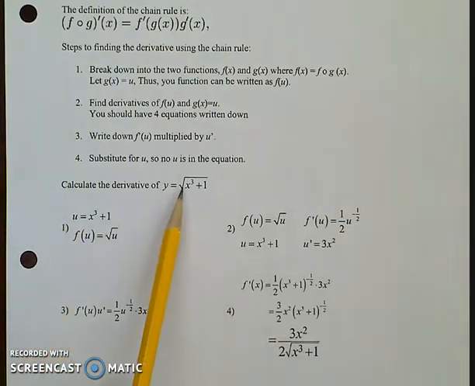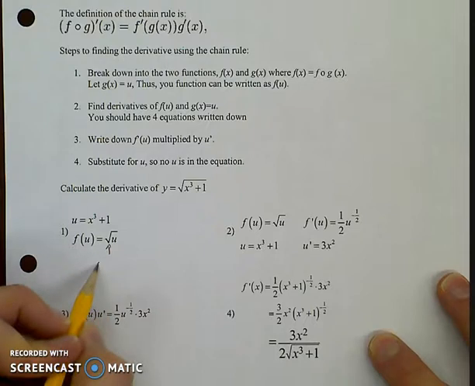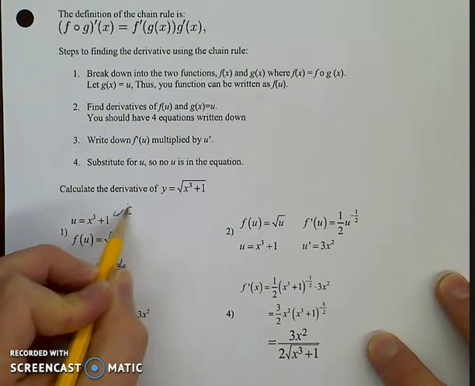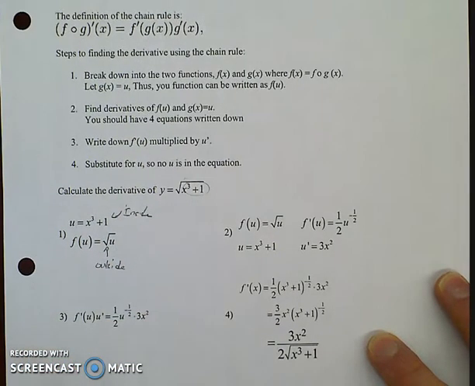So the first one, see how you have a square root and something is inside of it. So our main function, our outside function, is what f of u is, and u is the inside. Inside versus the outside of it.